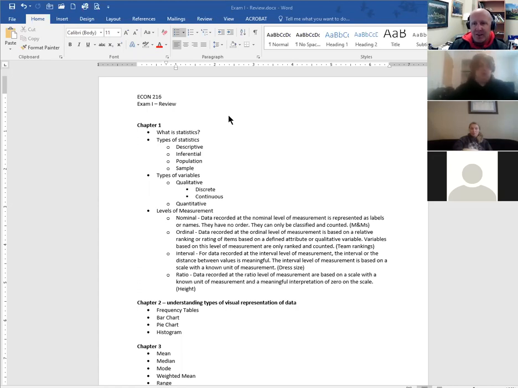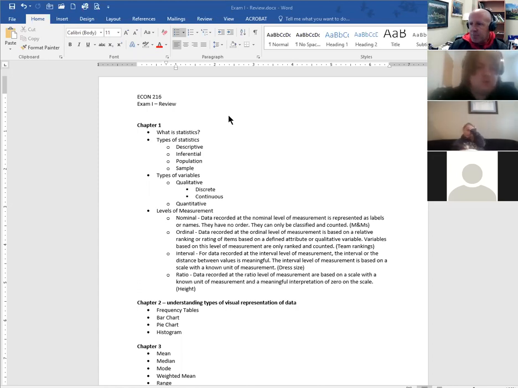Maybe we're looking at magazines and the types of articles or the types of advertisements that are in there. Those are more qualitative bits of information versus the quantitative side, which are numerical. Yes, we can count qualitative things, the number of occurrences or something like that, but it's more around the words of things as opposed to the numbers of things.